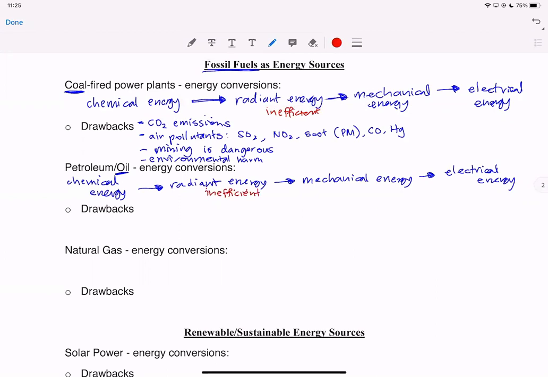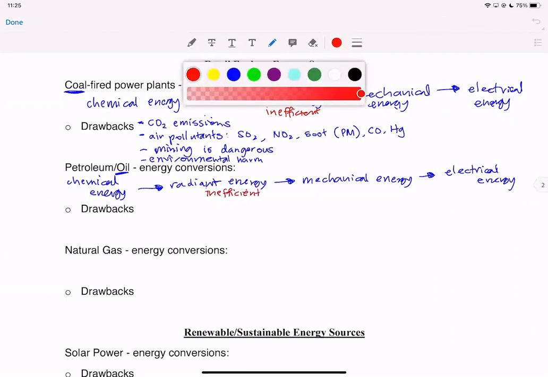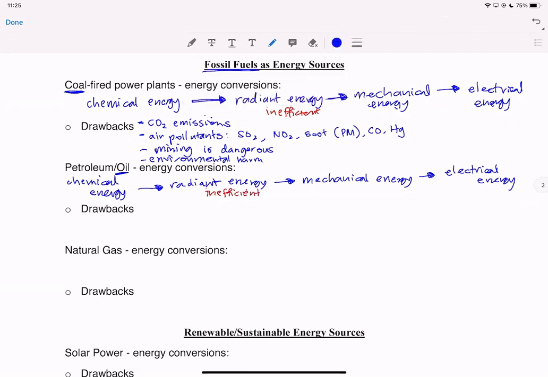Some of the heat is used to boil, most of it, but some of it is just lost in the whole system, and that is not heat that can be captured. So this is inefficient, but a little less inefficient. Instead of 50%, it's more like 60% energy that's captured from the bonds, the chemical energy.